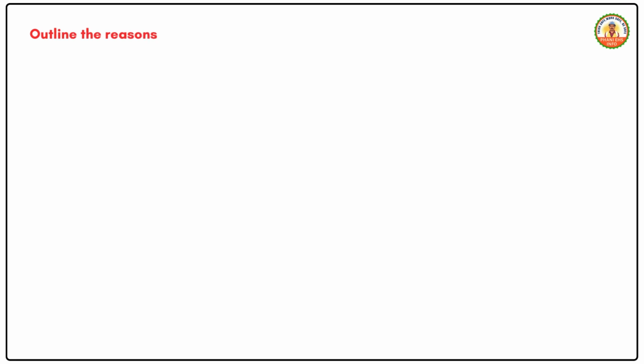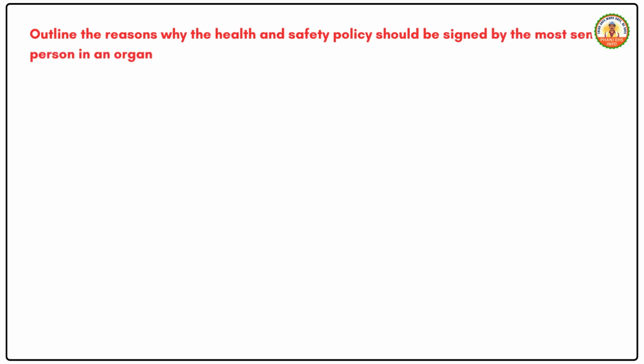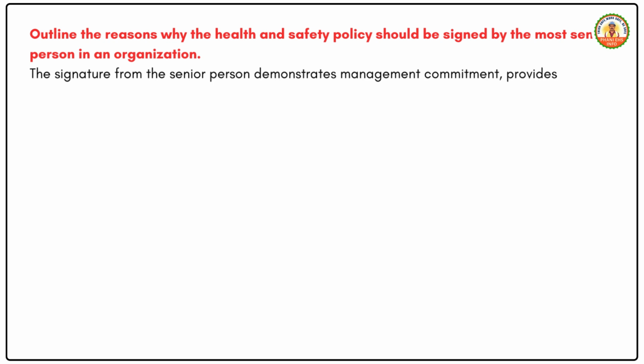Outline the reasons why the health and safety policy should be signed by the most senior person in an organization. The signature from the senior person demonstrates management commitment, provides authority, and indicates ultimate responsibility for health and safety.